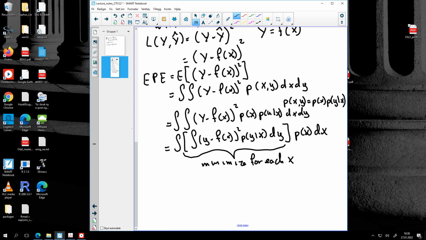And if we are able to do that for any x, then we have the function that we need.